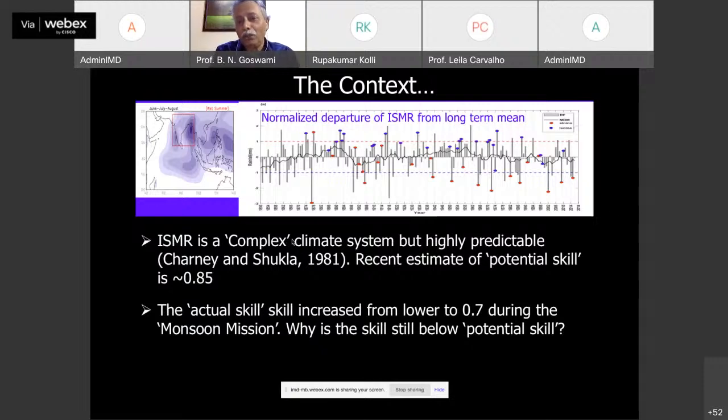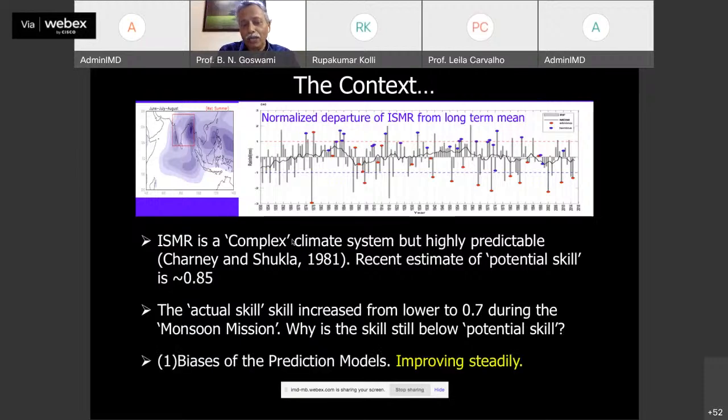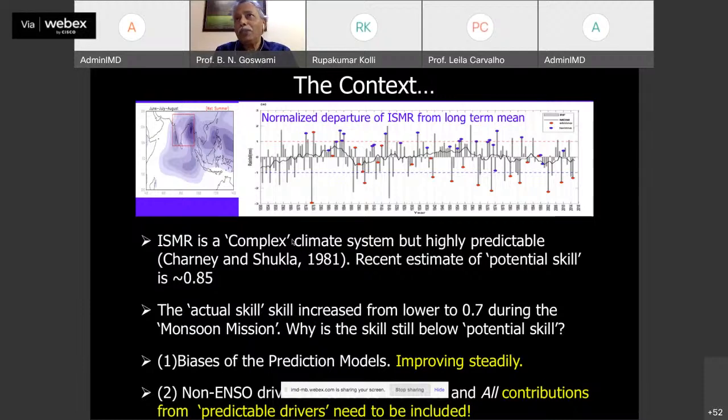So that has been a major question, why? I believe there are two reasons. One is, of course, that the models have their own biases, and the prediction models need to improve, and that is happening steadily. However, more than that, we have not been able to identify all the potential drivers of monsoon clearly and include their contributions into the prediction system properly.